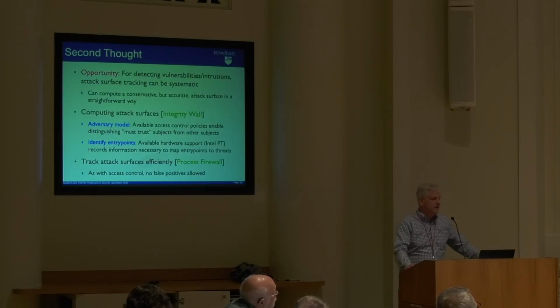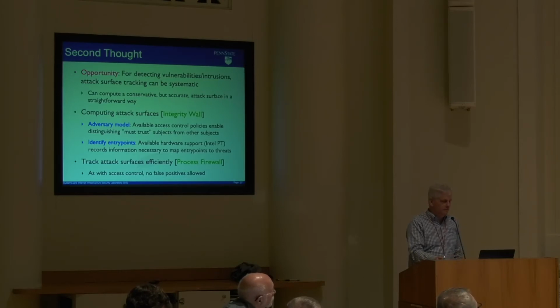In terms of systematic, the thought is that we can compute attack surfaces in an easier way across systems than trying to compute specific flaws. So the claim is that we can compute a conservative but accurate attack surface in a fairly straightforward way.